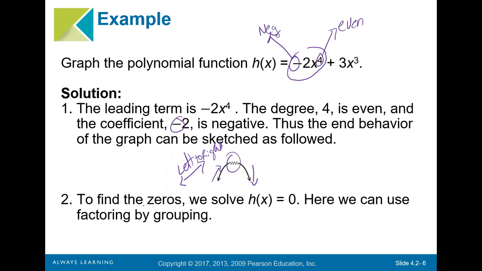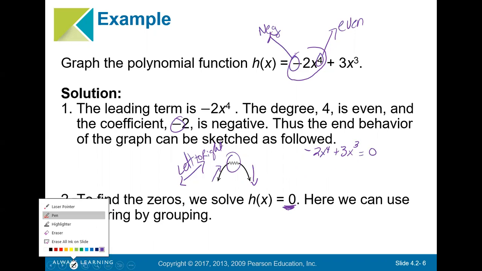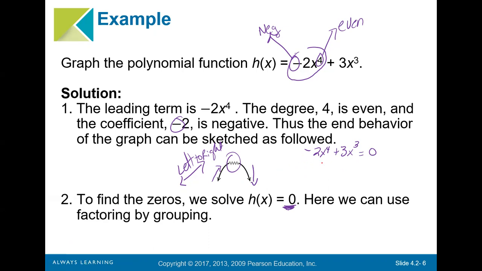Now, to find the zeros, first, let's plug in 0 for y. I'm going to take negative 2x to the fourth plus 3x cubed, set it equal to 0, and solve for x. I look at these two terms and ask myself, is there a GCF?